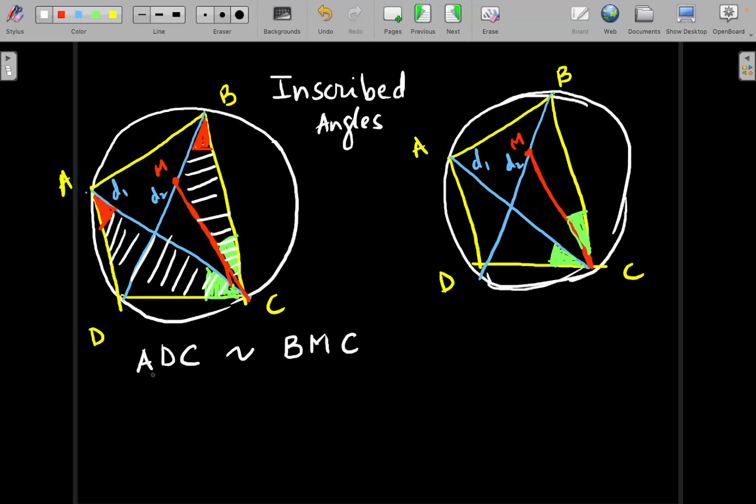So once again I repeat, look at triangle ADC, which is the first white triangle. Look at triangle BMC, which is the other white triangle. Now it's pretty obvious that A is equal to B. Let me draw this again.